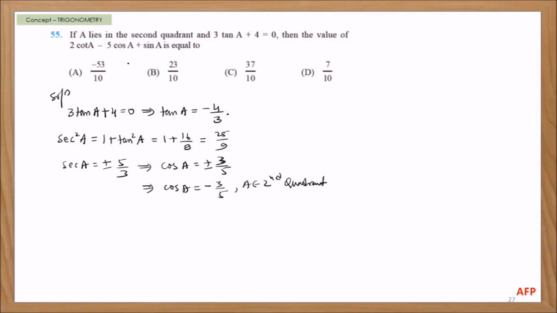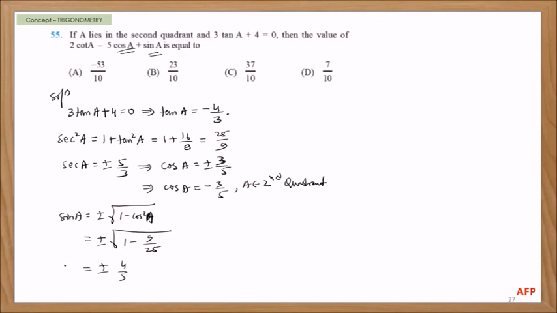Okay, so we have found cos. Now the sine value we have to find. So sine A is equal to plus or minus square root of 1 minus cos square A. Okay, plus or minus square root of 1 minus 9 by 25, which is nothing but 16 by 25, so 4 by 5.